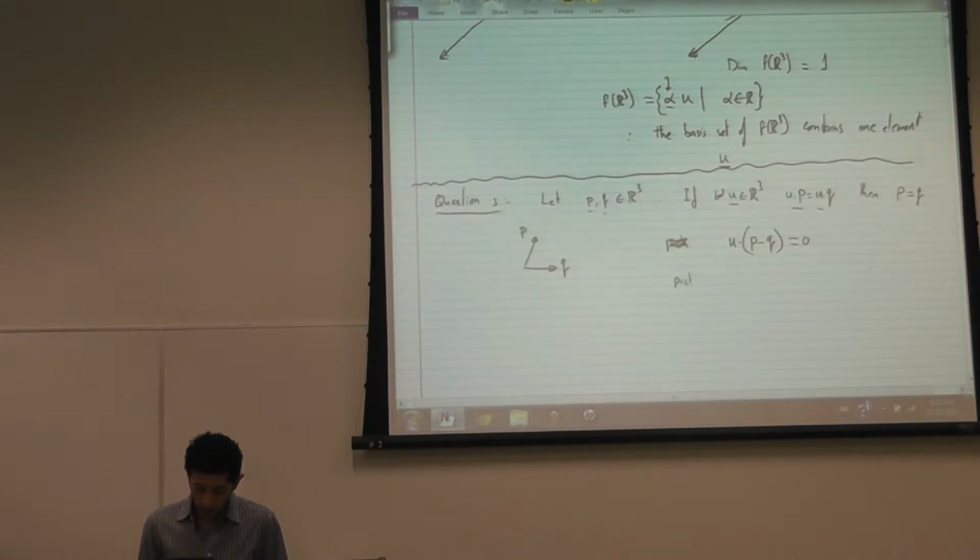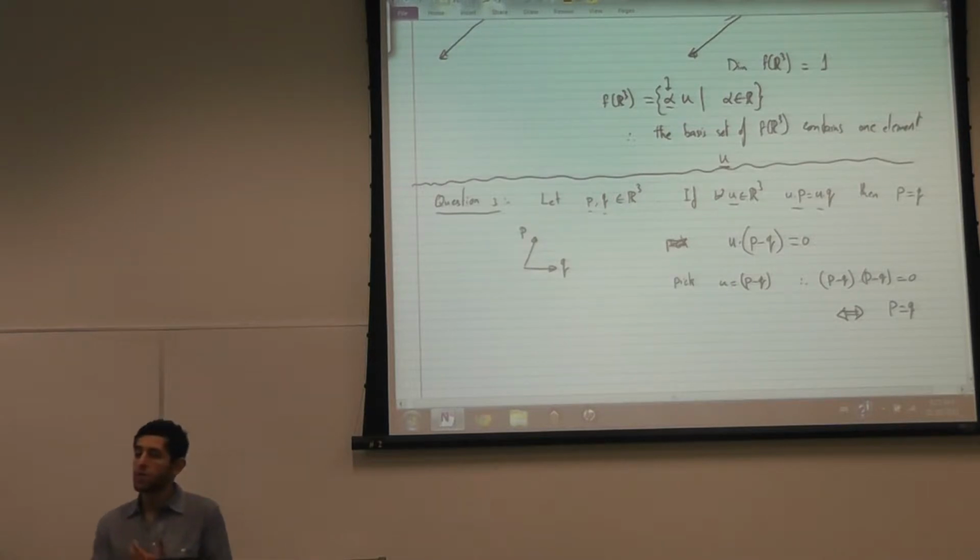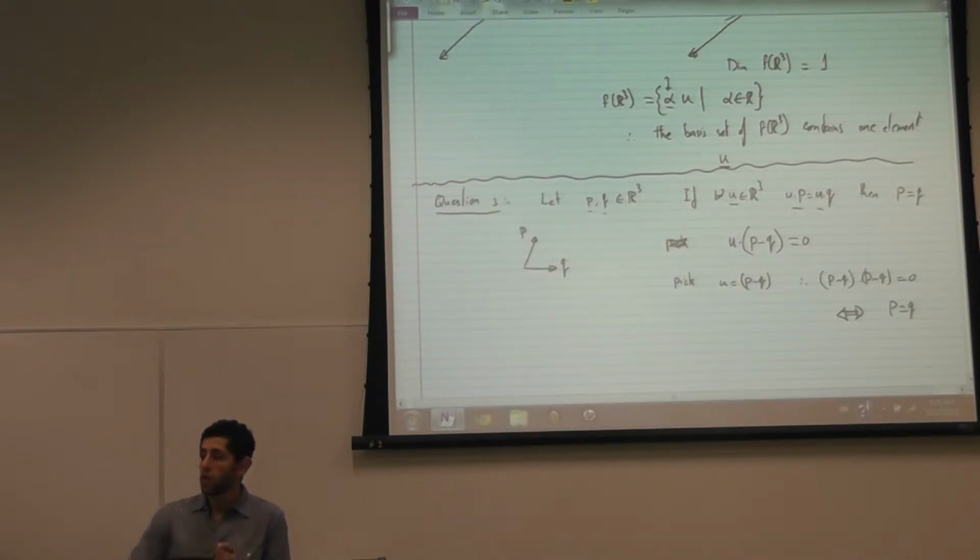Pick U equal to P minus Q. Therefore, P minus Q dot P minus Q is equal to 0. But this is only equivalent to P equal to Q. That's the property of the dot product: you only get the dot product of a vector with itself equal to 0 if and only if that vector is equal to 0. So this is the most elegant way to prove it.